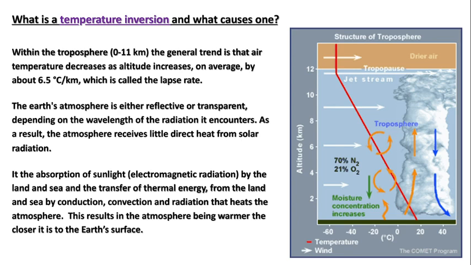As a result, the atmosphere receives little direct heat from solar radiation. It is the absorption of sunlight, electromagnetic radiation, by the land and sea, and the transfer of thermal energy from the land and sea by conduction, convection, and radiation that heats the atmosphere. This results in the atmosphere being warmer the closer it is to the Earth's surface.